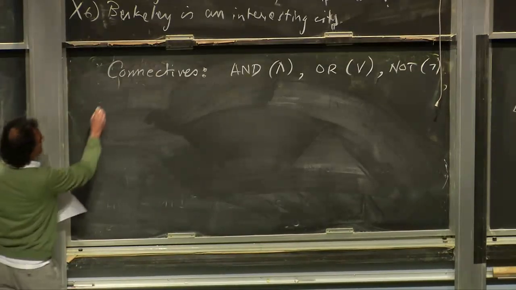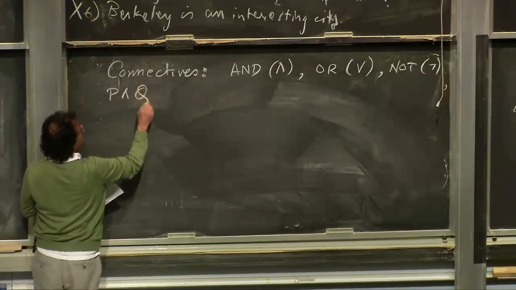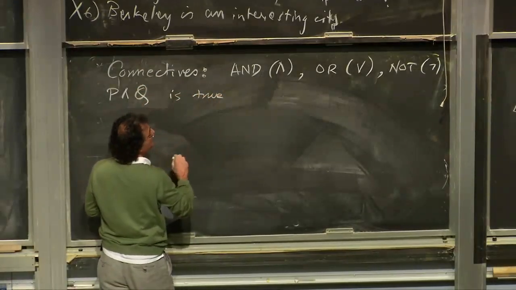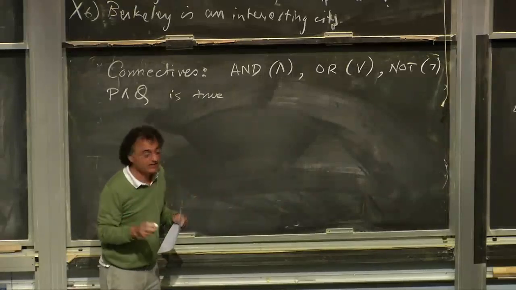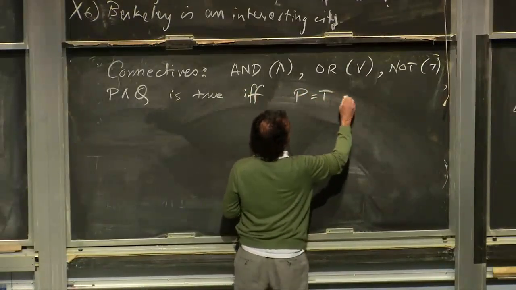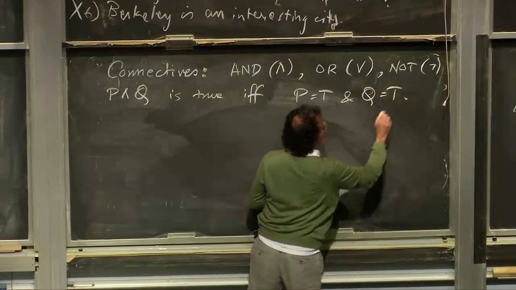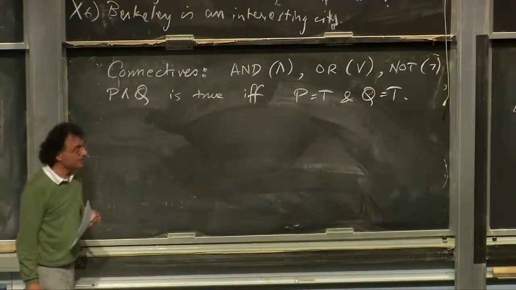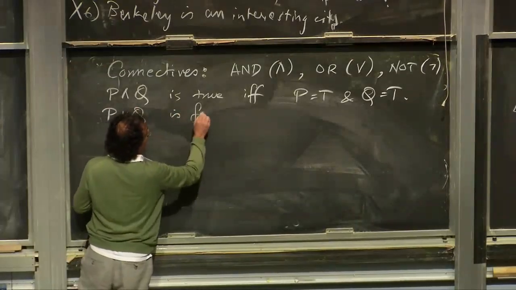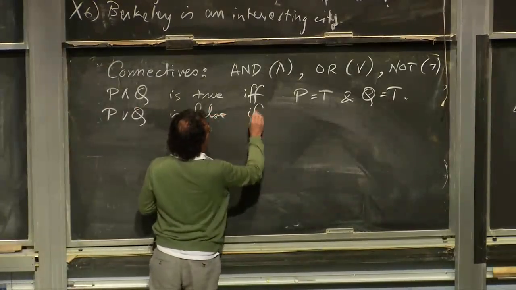So P and Q is true in only one case, if and only if both P is true and Q is true. Yeah? P or Q is false only in one case.